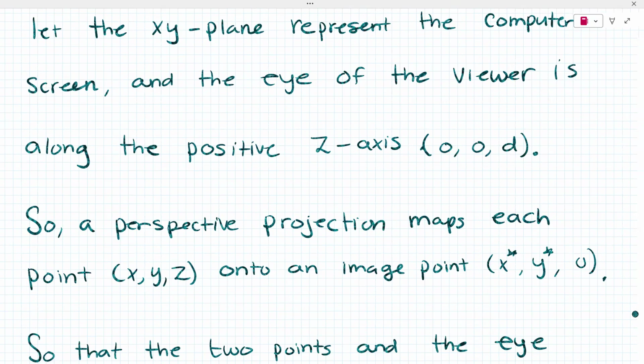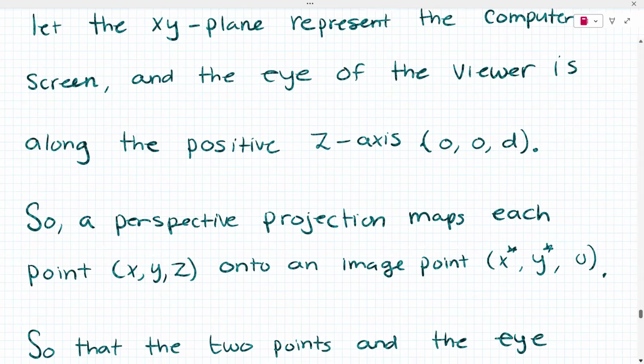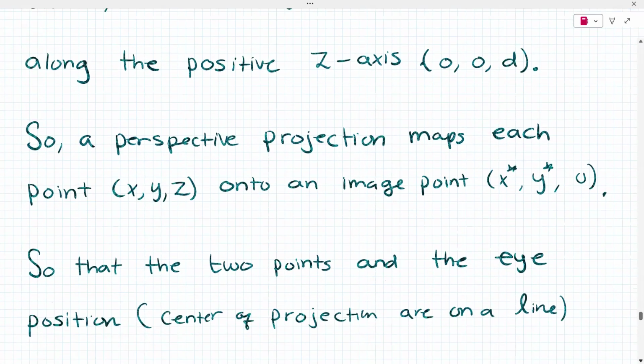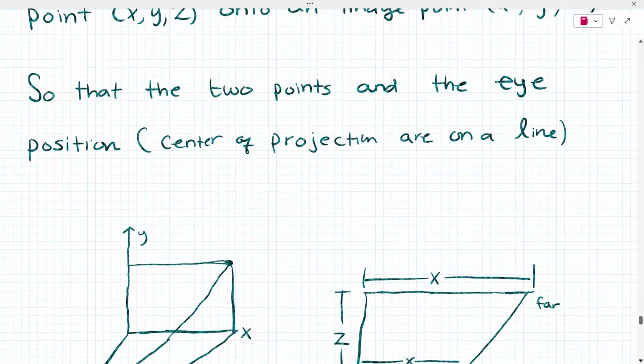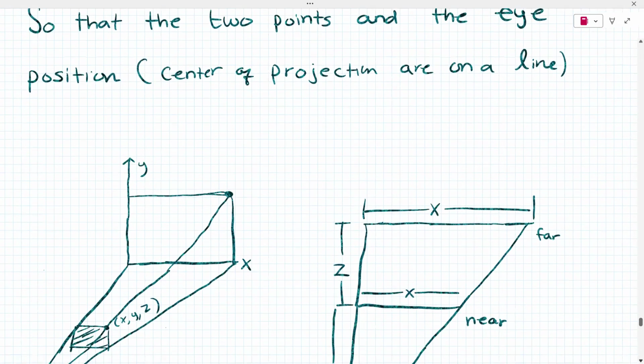So where was I? So yeah, a perspective projection maps each point X, Y, Z onto an image of the point X, Y, comma 0, so that the two points and the eye position, the center of the projection, are on a line.